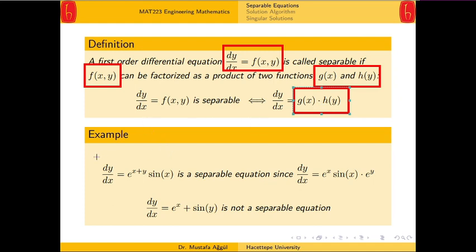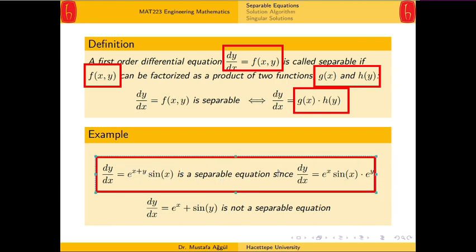Okay, as an example, we have dy/dx = e^(x+y) sin x. This is a separable equation because dy/dx = e^x sin x times e^y is another way to write this equation. So e^(x+y) is equal to e^x times e^y.